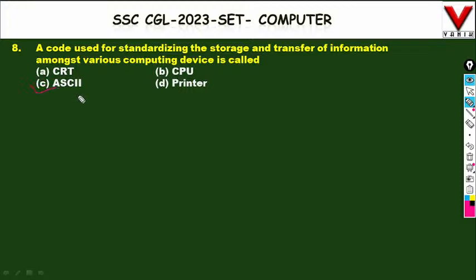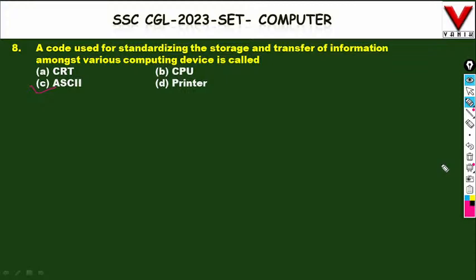It's a standard code used to convert any binary language to a special format called ASCII format. It is of two types, ASCII 7 and ASCII 8. ASCII 7 means a 7-bit coding system, 2 to the power 7, that is 128 codes, 0 to 127.